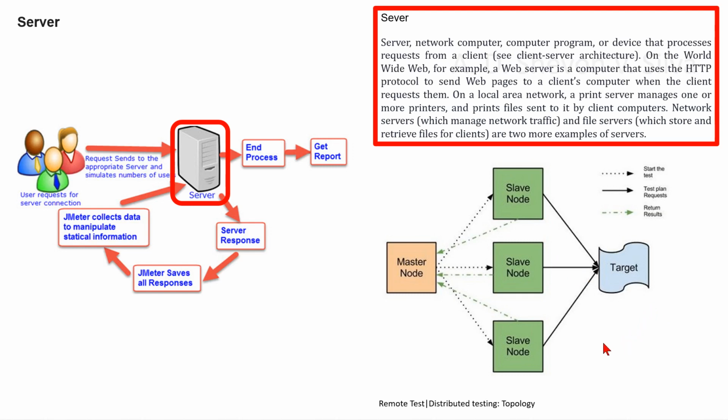Listeners in the test plan send their results back to the client JMeter, which writes the result to the specified files. Samples are not sent back synchronously by default as they are generated.